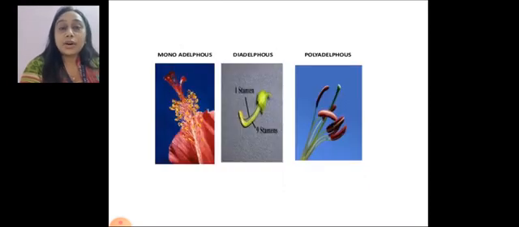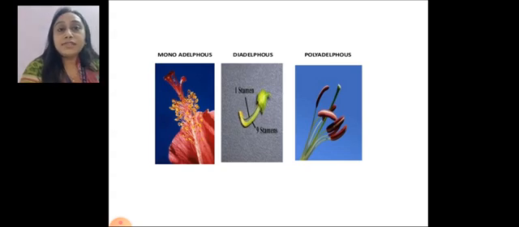Another type of arrangement of stamens is whether the stamens are present alone or grouped. So the arrangement of the stamens can again be divided into 3 types: monoadelphous, diadelphous and polyadelphous.